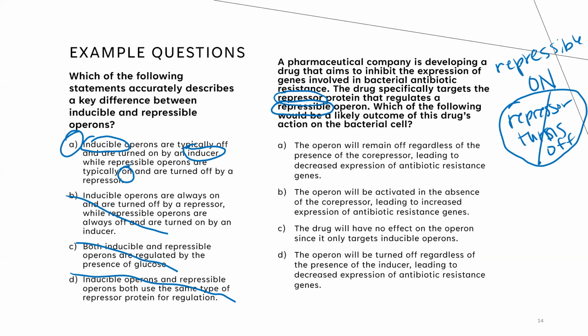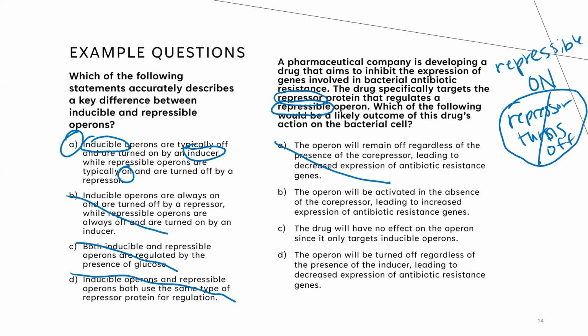Which of the following, see how I have to draw this out to make it clear to me what I'm reading. You guys are allowed to do that on the test, please. So which of the following would be a likely outcome of this drug's action on the bacterial cell? Well, let's see. Will the operon remain off? No, it wasn't off. It was on. It can't remain off. Y'all have got to get on those words. It's lying to you.